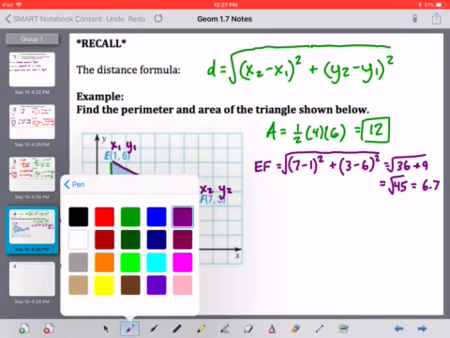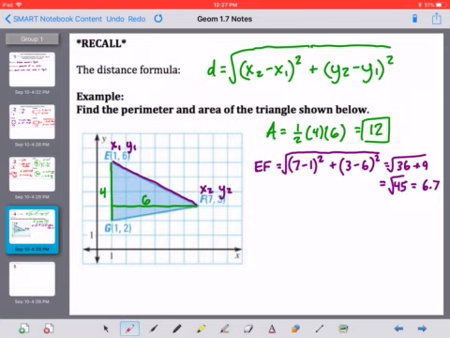All right, and lastly, let's go ahead and find the length of GF. I'm going to erase these x1s and y1s and x2s and y2s and start over. So now let's say G is our x1, y1, F is our x2, y2, and let's find the length of GF.